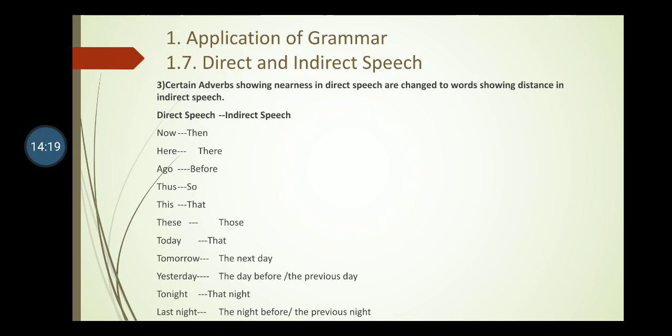Such changes we make when we convert direct to indirect.